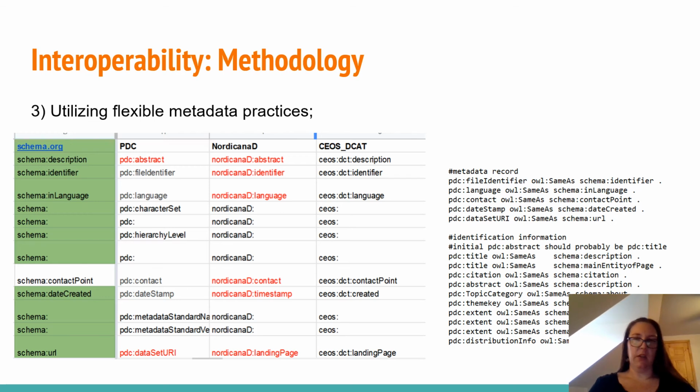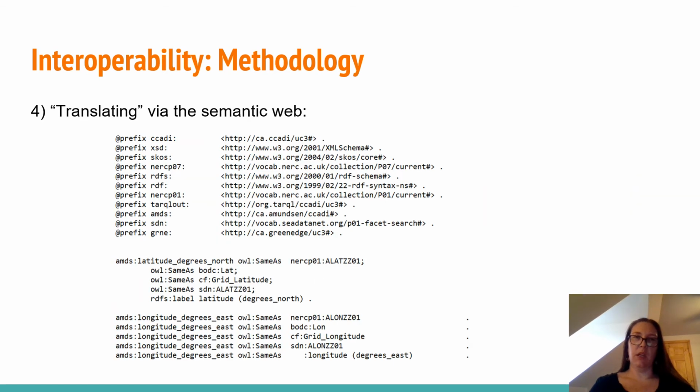And over here, this uses OWL and RDF triple language, or Turtle, to do that. This is OWL and Turtle performing the same function with the data attributes between Amundsen, this is NERC, this is BODC, CF, and CDataNet. And here is the label.